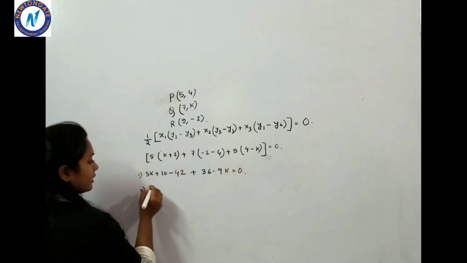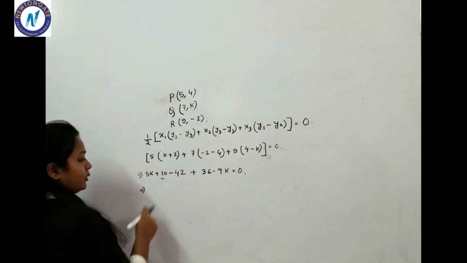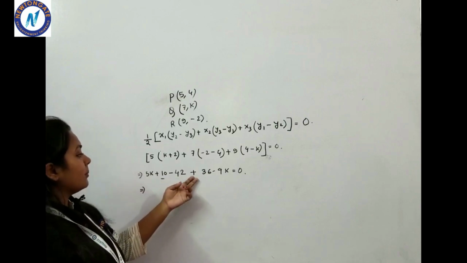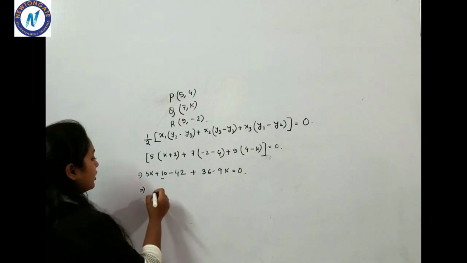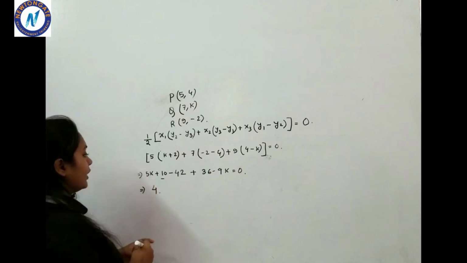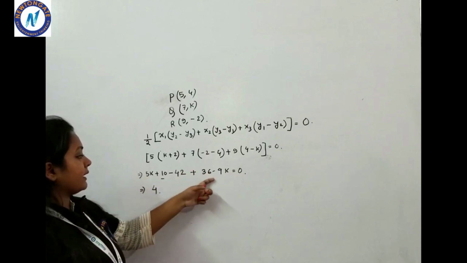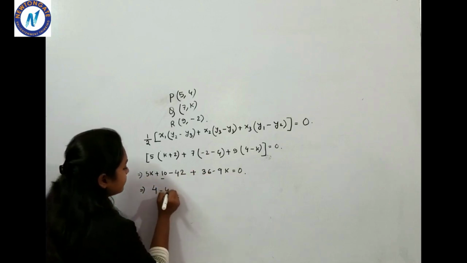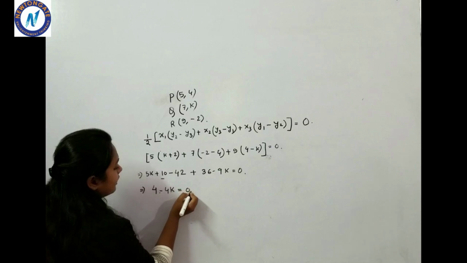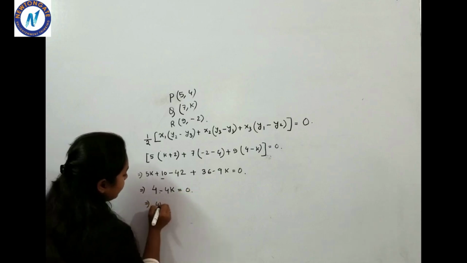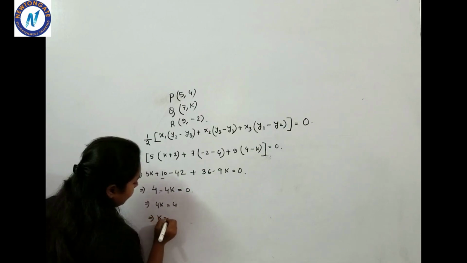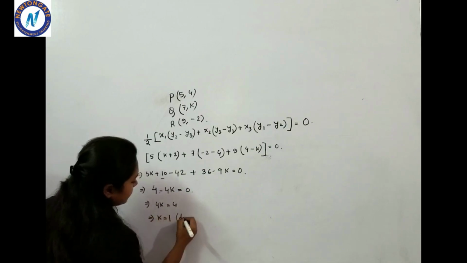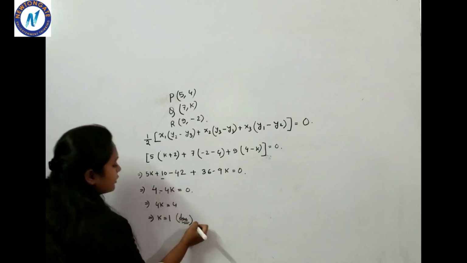Then 10 minus 42 minus 32 plus 36, plus 4 equals 5k minus 9k, minus 4k. That means 4k equals 4 and the value of k equals 1. That is the answer of question number 3.